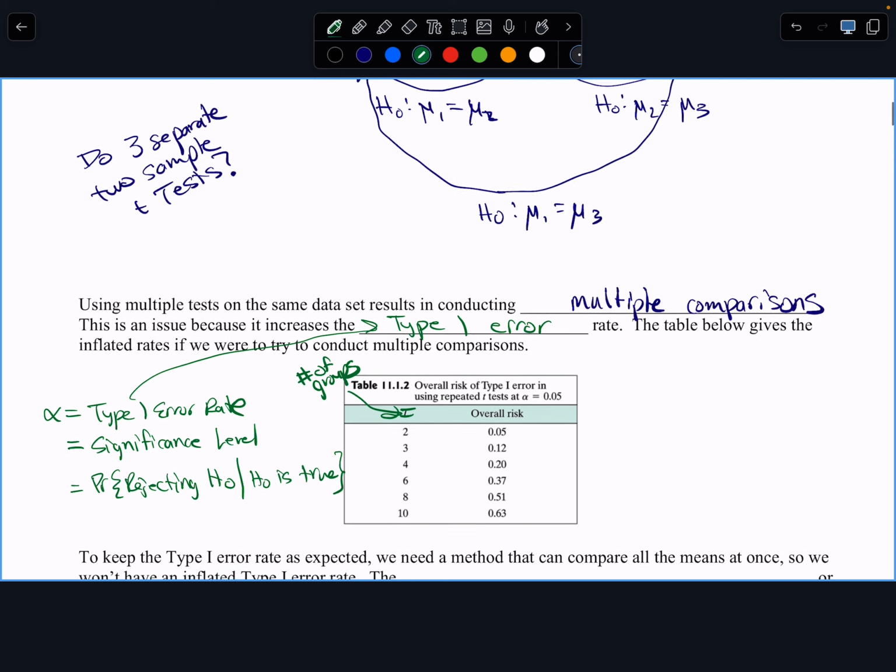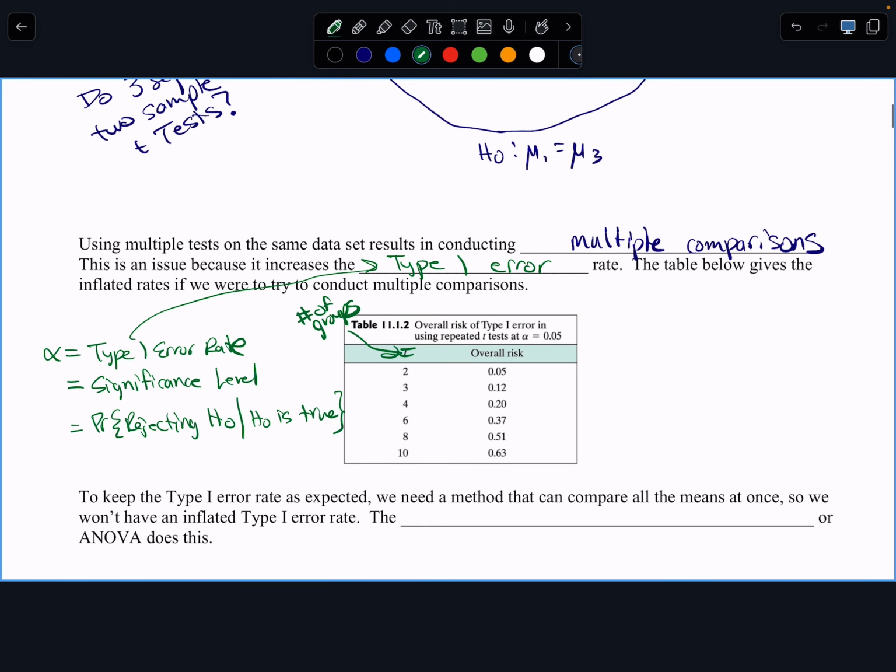And so to keep the type 1 error rate as we expect it to be, we need a new method instead of doing these multiple comparisons with these multiple t-tests. And so that method is known as the analysis of variance. All right?